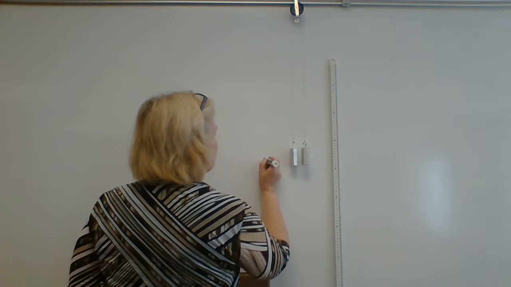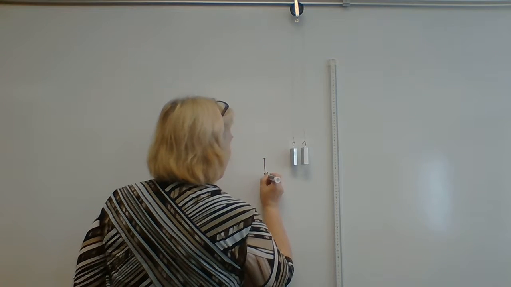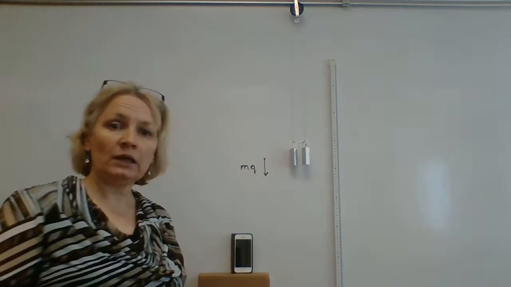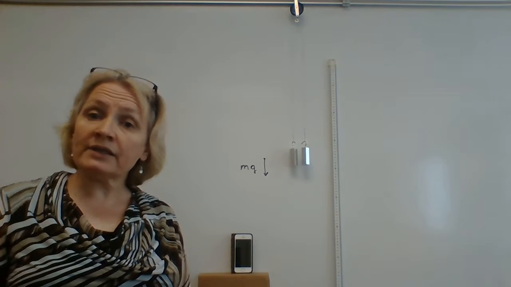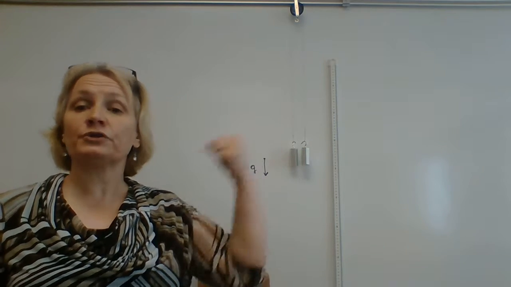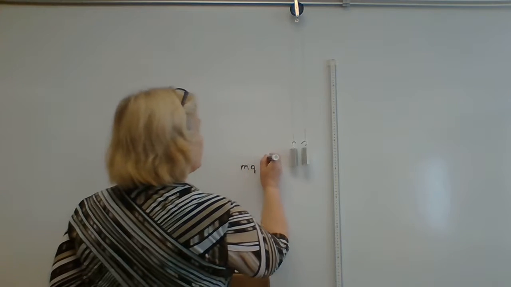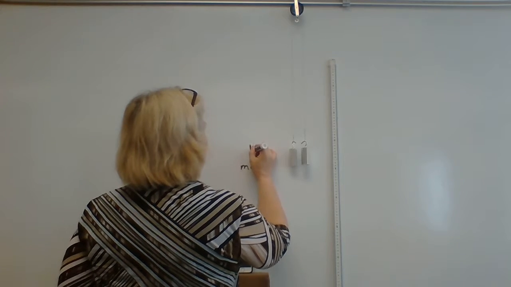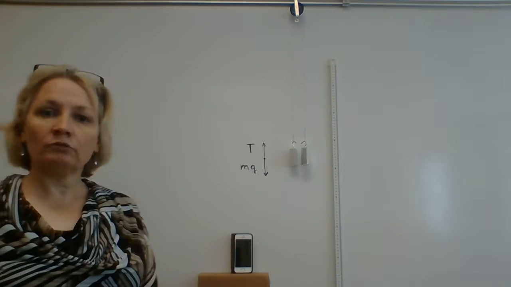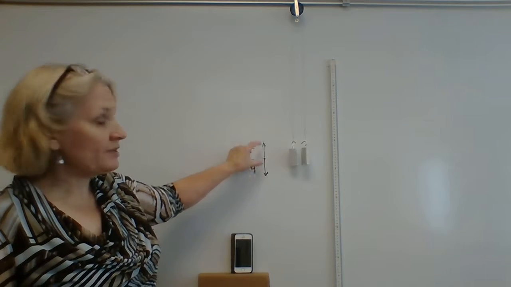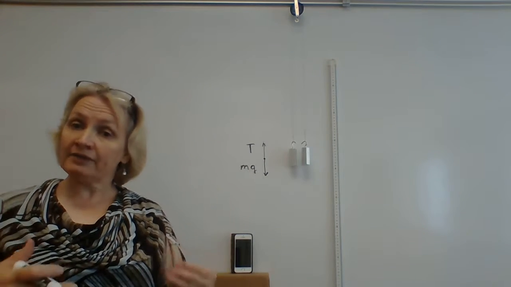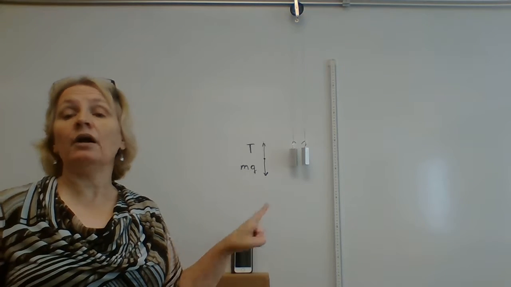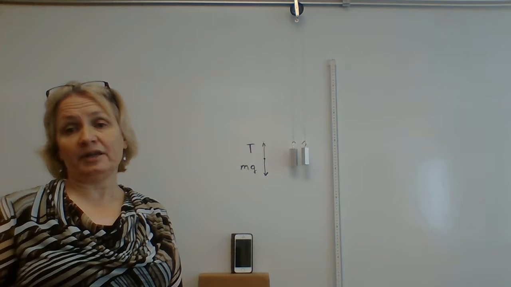That will be the force of weight, mass times gravity, right? And it's not falling down because another force, the force of tension, is pulling up. They're absolutely equal, and when we add these two forces, it results in 0, and that's why the object is at rest.